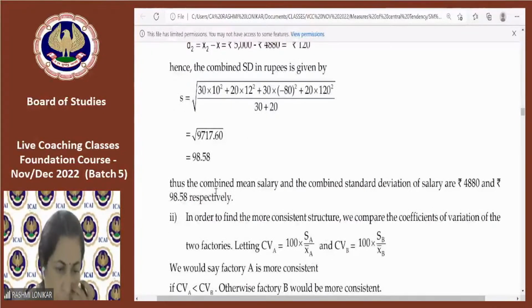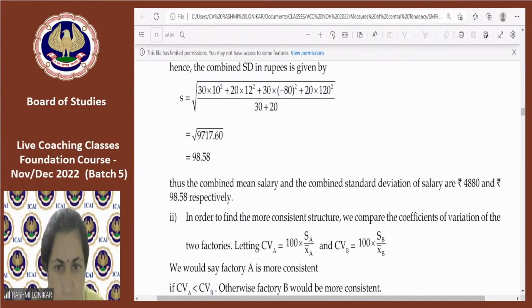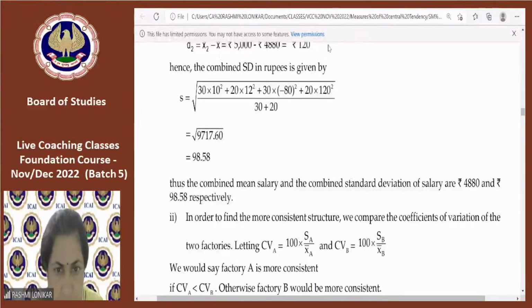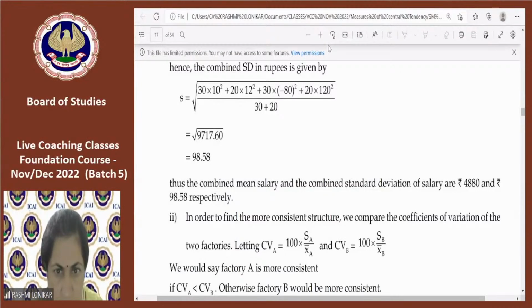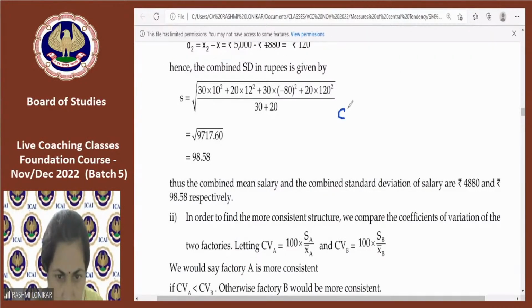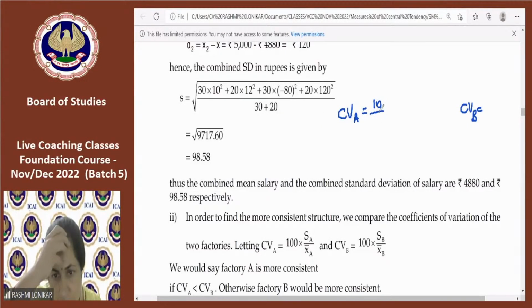Now we have to find out which of them is more consistent. So we are talking about CV, CV of A and CV of B. Coefficient of variation of A: standard deviation is 10, mean is 4800, into 100.